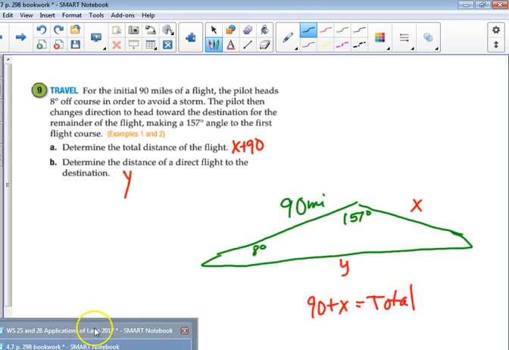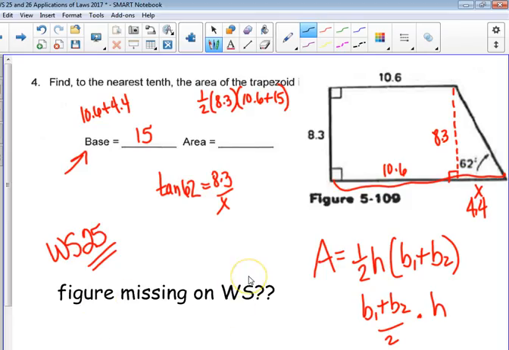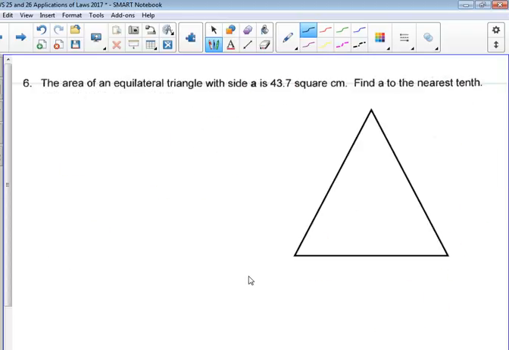Because if you go back to worksheet 25, question 6 is, I don't know, the first time I read it, I didn't understand what it was asking, but it says the area is this, okay?